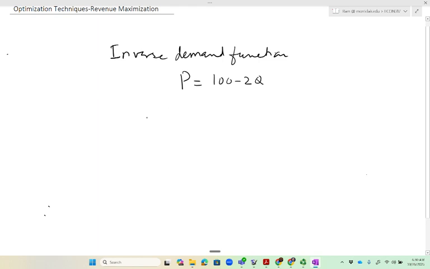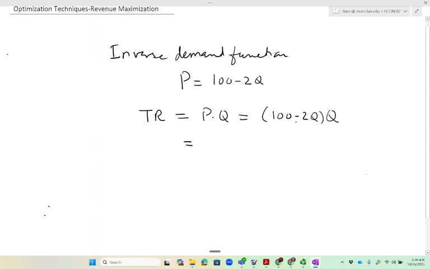With this inverse demand function, I can find out the total revenue to be equal to price times the quantity. I have been given price to be 100 minus 2Q. I multiply Q to this term and I get the total revenue.